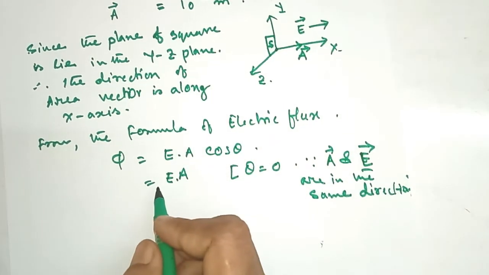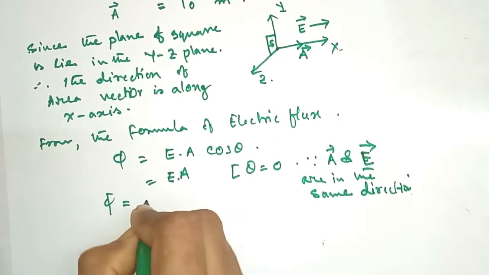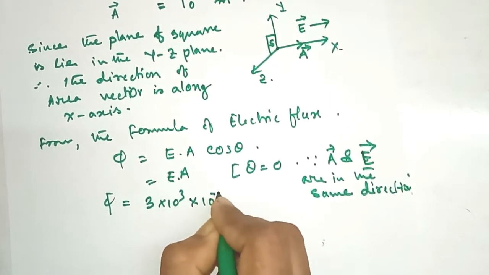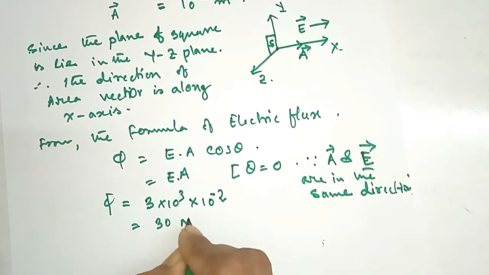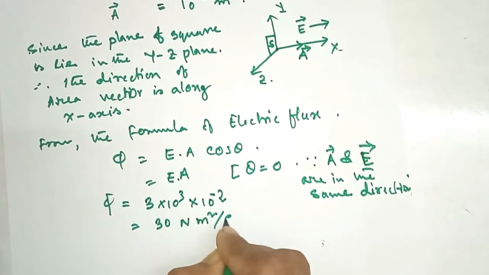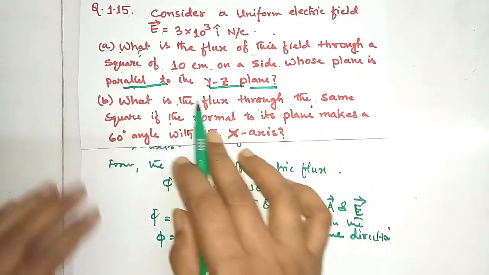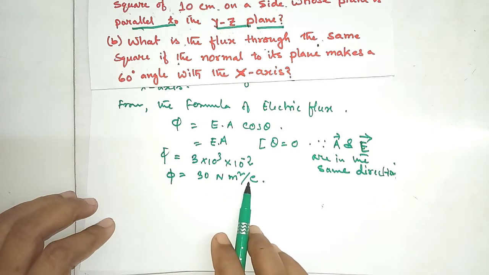So we can write phi equal to 3 into 10 to the power 3 into 10 to the power minus 2, which is 30 Newton meter square per coulomb. Our electric flux will be 30 Newton meter square per coulomb.